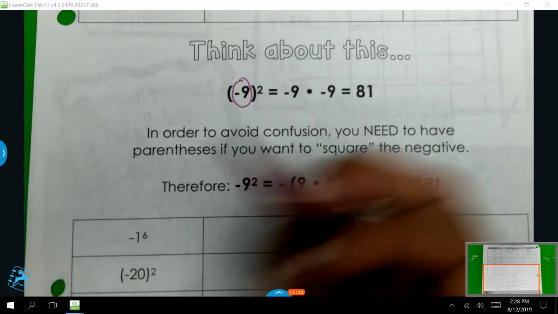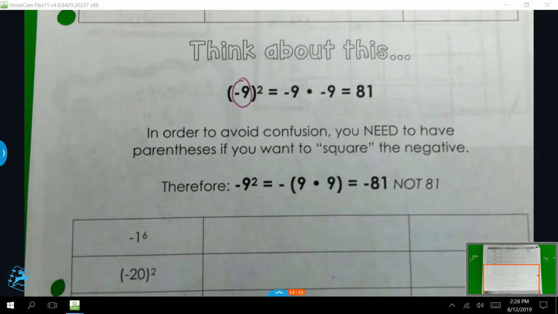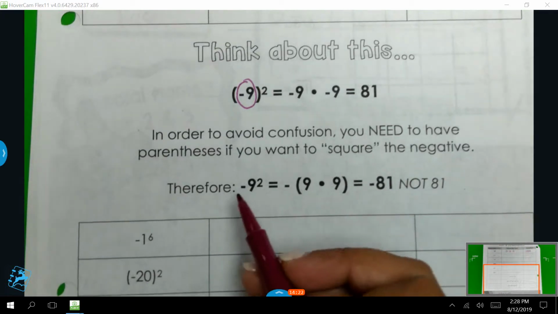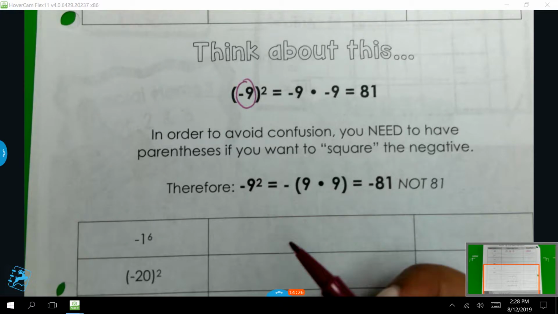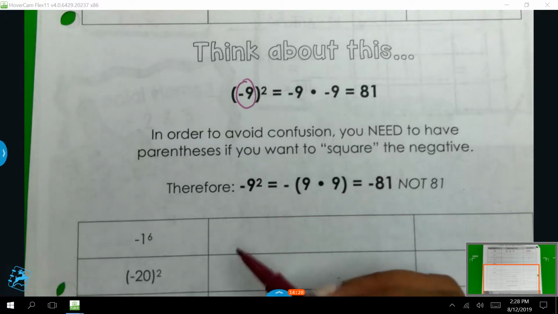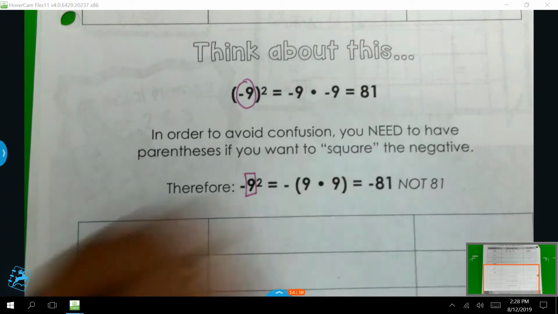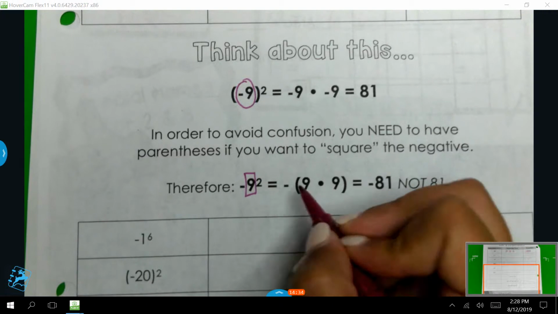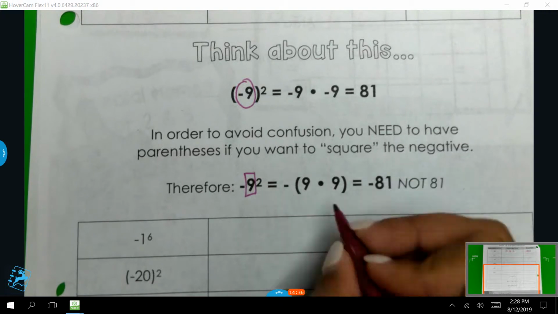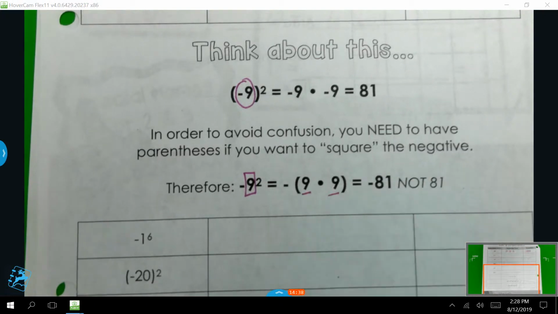Do you think those parentheses really matter? You think it changes anything? Yes. If you look down here at the next one, -9 squared without parentheses, my base in this case is not -9. It's simply just that positive 9. But you can't forget about the negative. You're just pulling that negative out to the front, and you're multiplying the base 2 times.